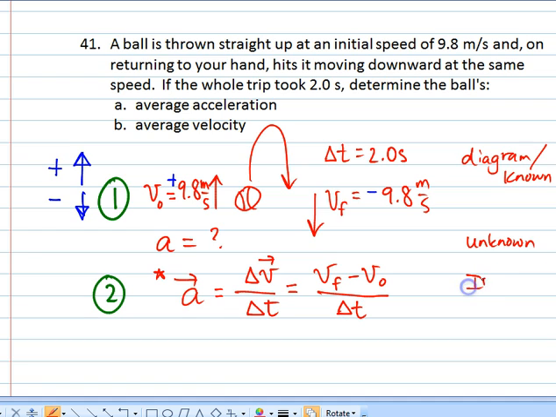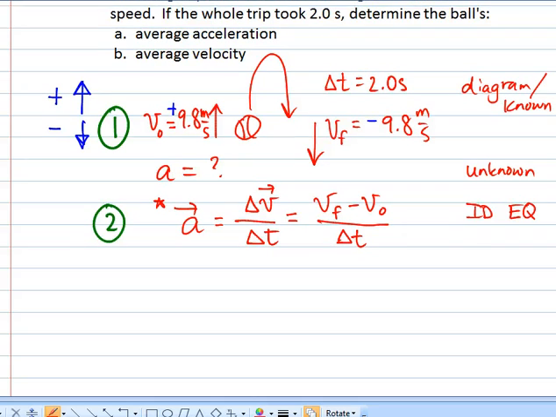Okay, so we're going to identify the correct physics principle or equation. We're going to write it. Now what we would do, if we had to, is rearrange, or solve the equation for the acceleration a. But it's already solved for acceleration, so we don't have to do that.